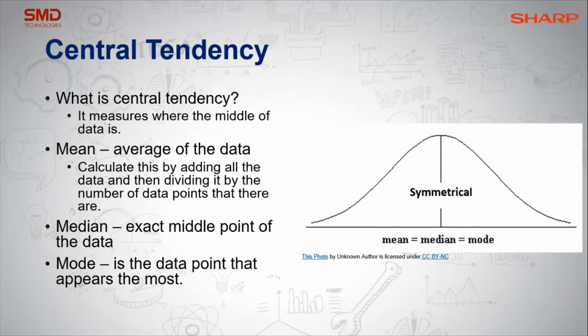So that's counting the number of data points you have and finding the exact middle of that data. We'll do an example just now. Mode is the piece of data that appears the most. So it's that spike, or it's when you have a data point that repeats itself several times. That is a mode. When we are talking about grouped data, it is the interval with the highest frequency.